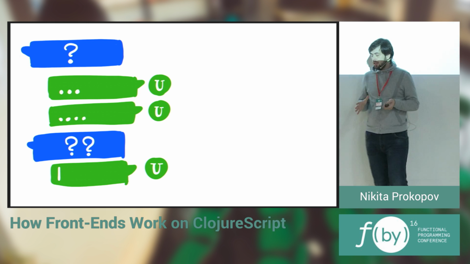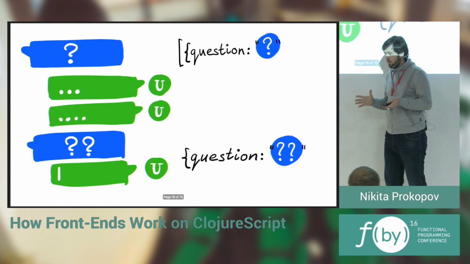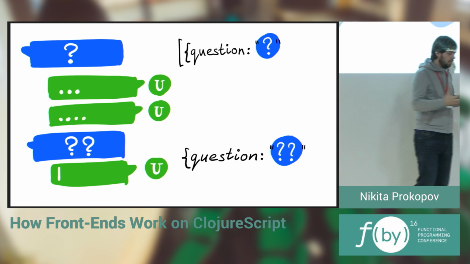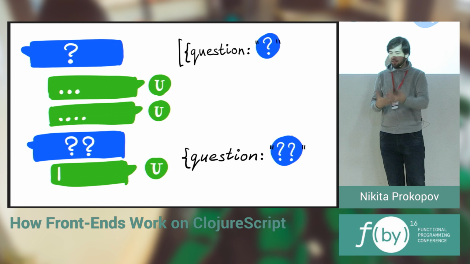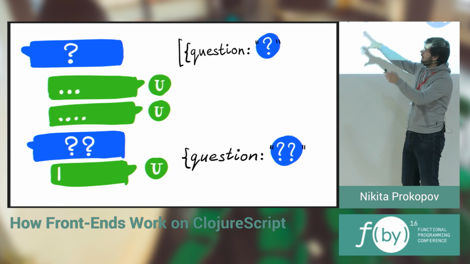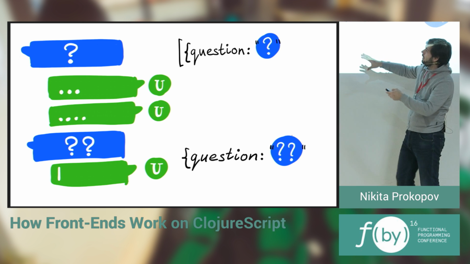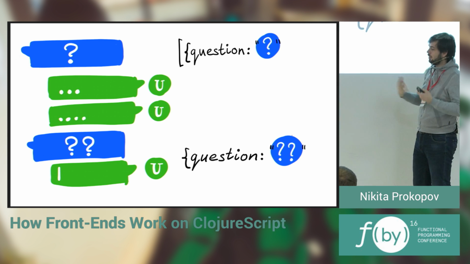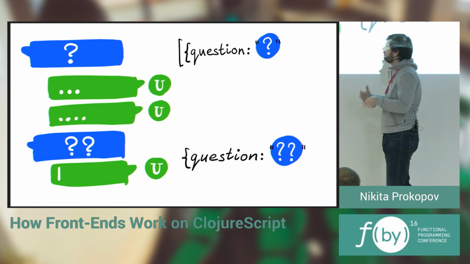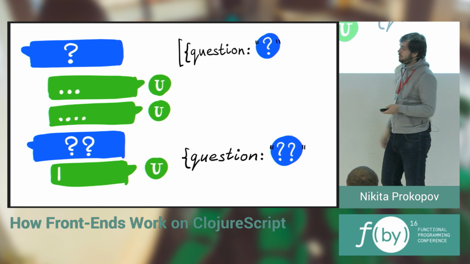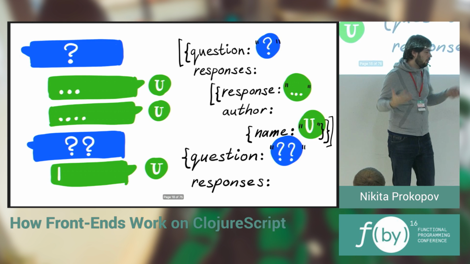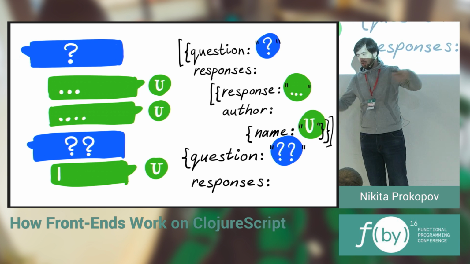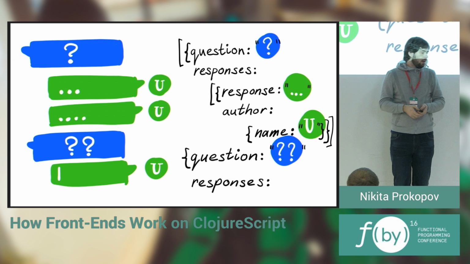So the simplest thing you can do when you're trying to invent a data model for that is just to repeat the shape of the UI, right? So we have our question and answer, and answers are part of the questions kind of, and the user is part of the answers. So we build a structure of nested JSON objects and arrays.